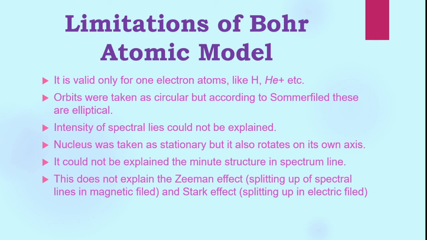It does not explain the Zeeman effect, the splitting up of spectral lines due to a magnetic field, and the Stark effect, the splitting up of spectral lines due to an electric field. So there are lots of limitations of the Bohr atomic model. So this model is also not a perfect one.